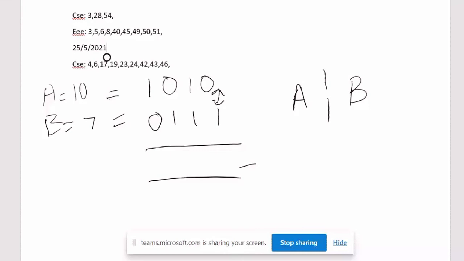What is the value for 0 1? 1. 1 1 gives 1. 0 1 gives 1. 1 0 gives 1. So all 1s, what is this value? 4 ones means 15, right?